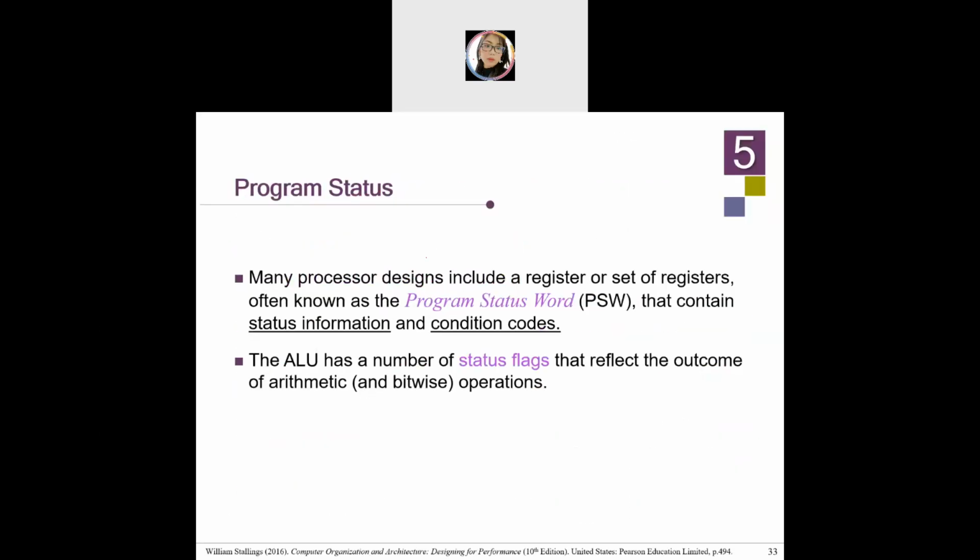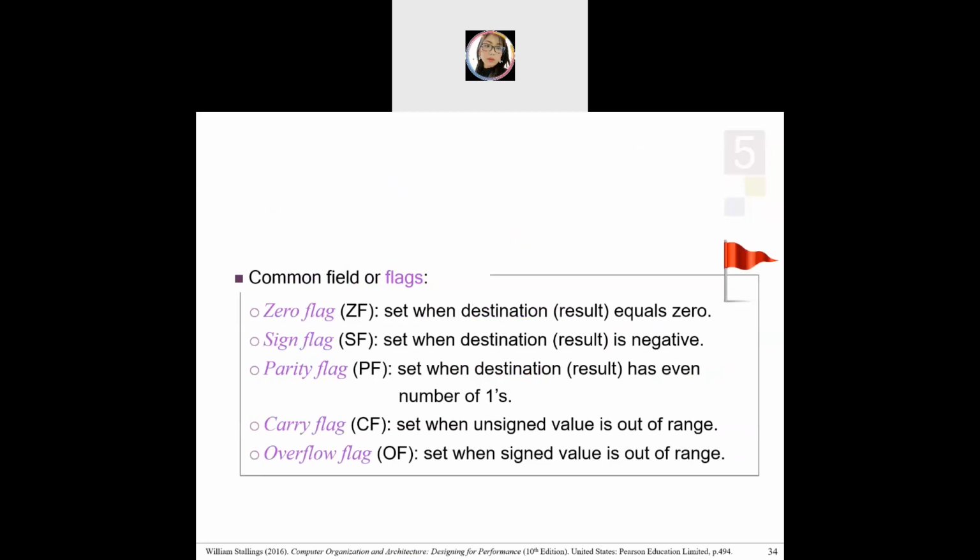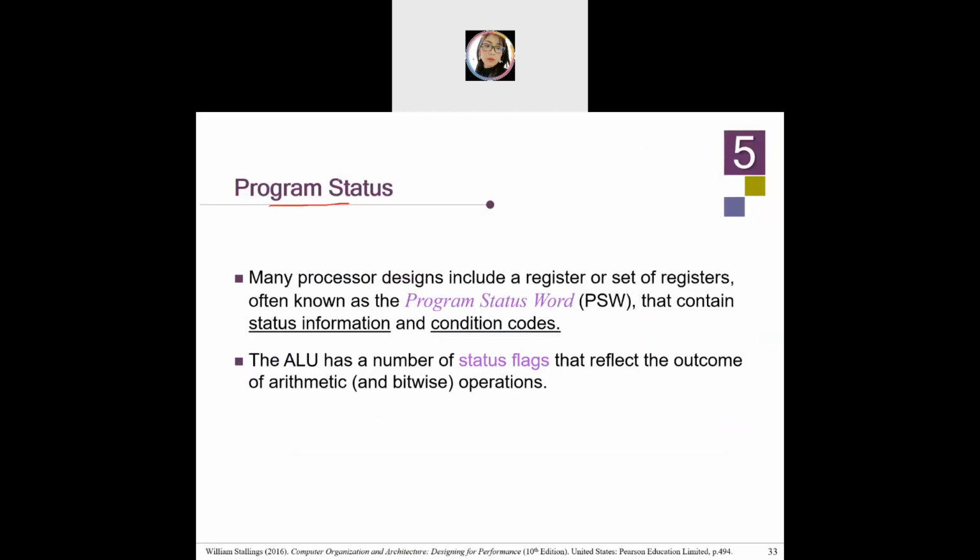After that, you also need to know about the program status. After this, you will know that there is a meaning for each flag that occurs in your output. So for program status, many processor designs include a register or a set of registers, often known as the program status word, or PSW, that contains your status information.